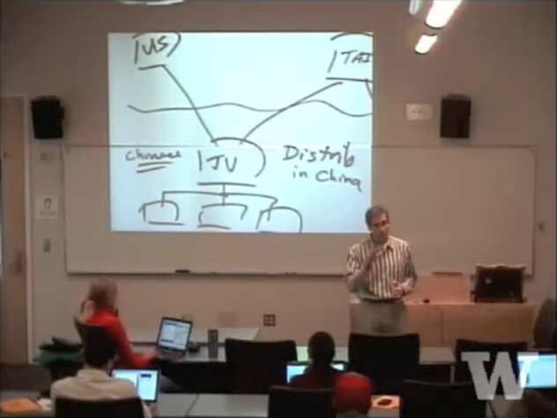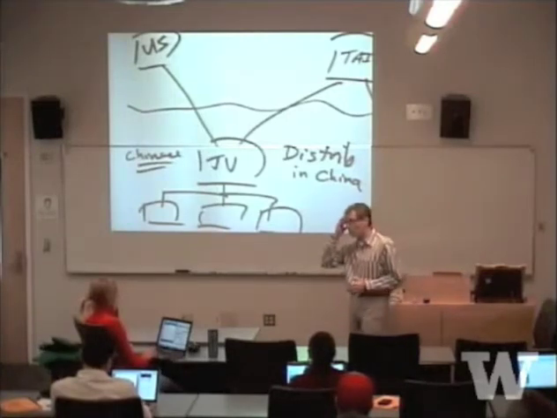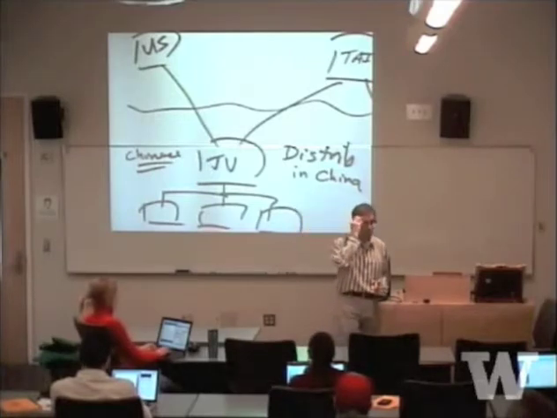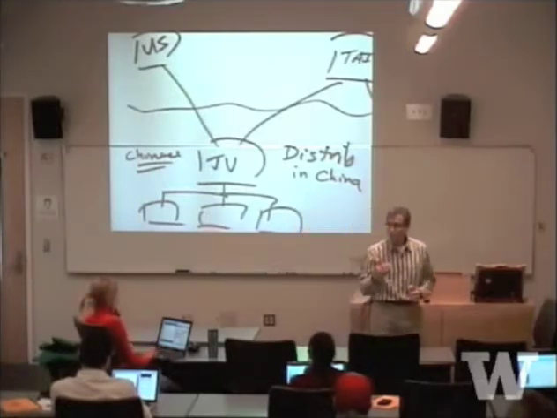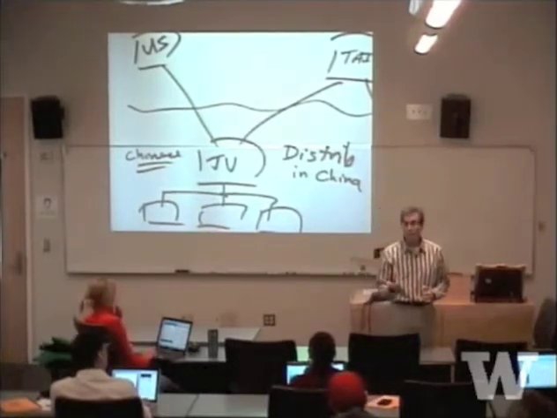But there is something that I would call human nature with respect to joint ventures. And that is that a joint venture that is a real joint venture takes on a life of its own.